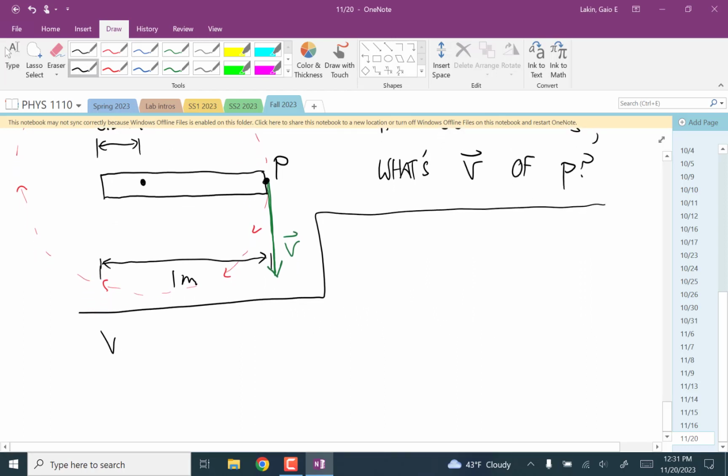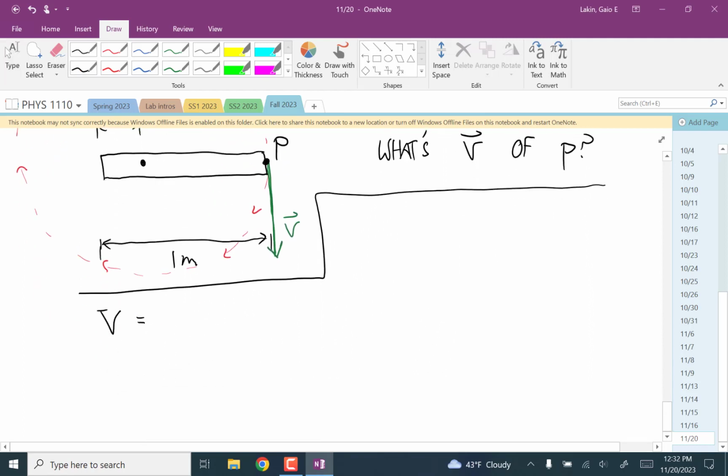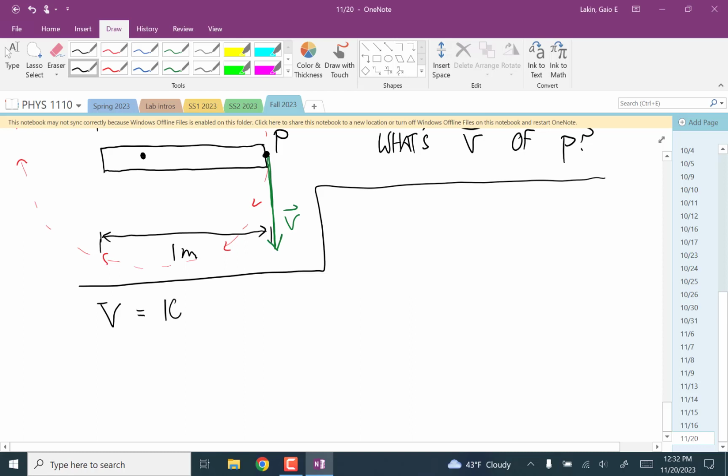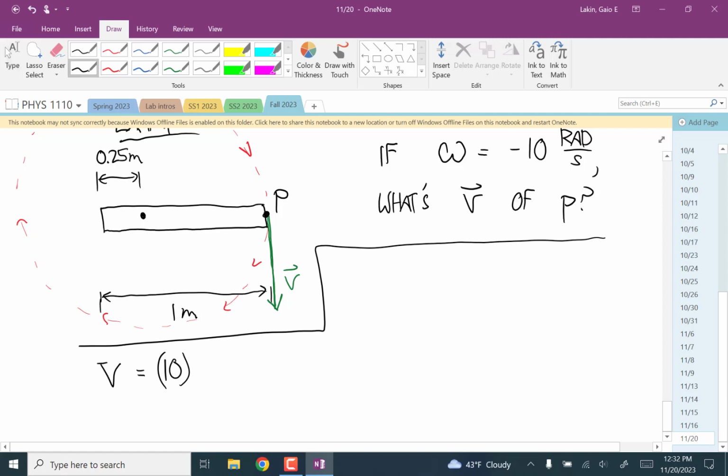Well, the speed is, forget about the negative, just equal to 10 radians per second times the distance from the about point to the point we care about.